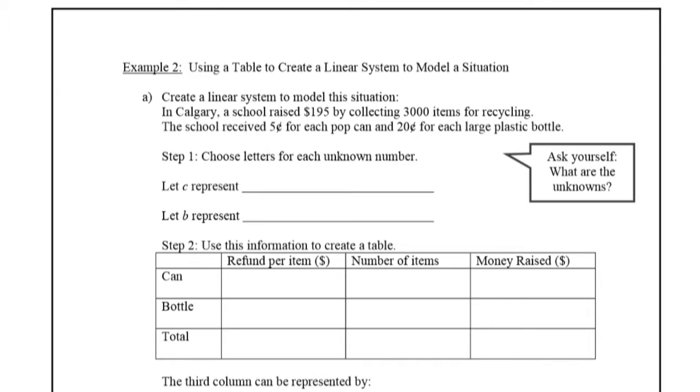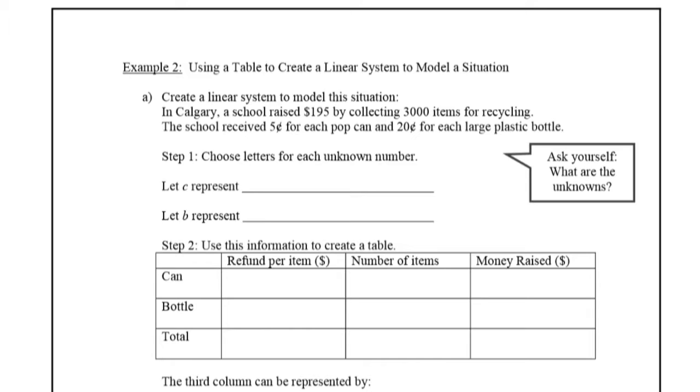Using a table. Sometimes it helps to put in the information we're given in a table. So if we read the question, in Calgary, a school raised $195 by collecting 3,000 items for recycling. The school received 5 cents for each pop can and 20 cents for each plastic bottle. So the idea here is we can create a linear system to represent these things.